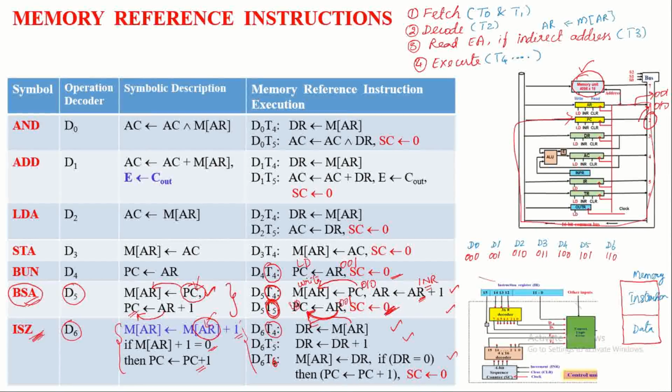Once it is transferred, since the data register has an increment signal, by enabling the increment signal the content can be incremented. After incrementing, the incremented value from the data register can be transferred back into the memory, to the address pointed to by the address register. If that incremented value of the data register is equal to 0, then the next instruction can be skipped by incrementing the program counter value by 1.